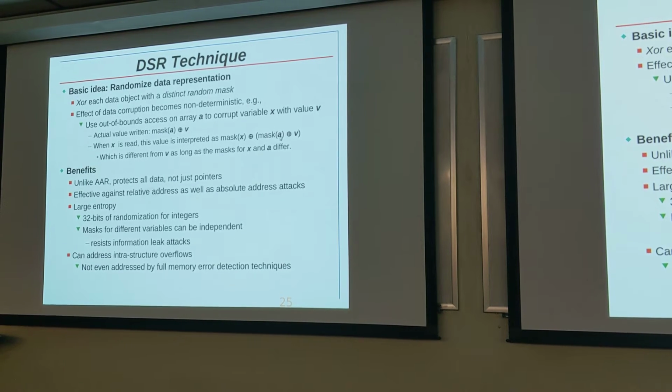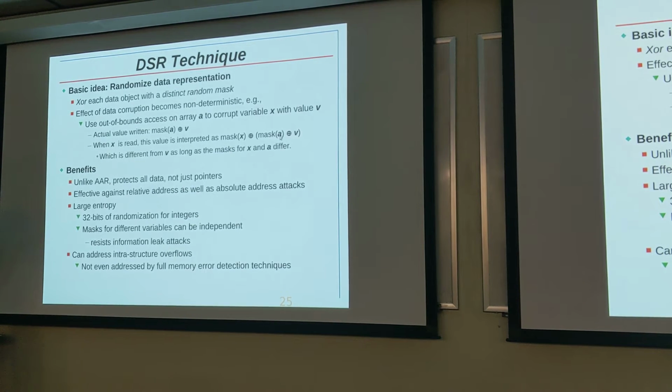As a result, even attacks that only target data can fail. For instance, I gave you the example of whether the user has successfully authenticated themselves by providing a password, which was a Boolean variable.